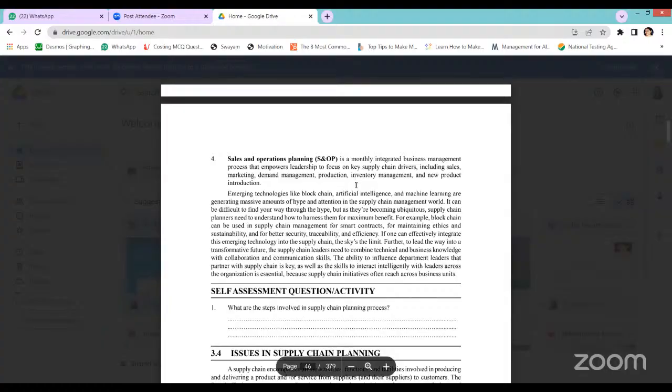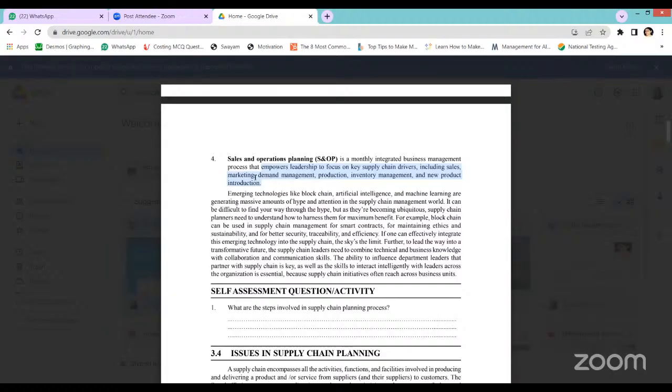The next one is sales and operational planning, which is monthly integrated business management. It empowers leadership to focus on key supply chain drivers, including sales, marketing, how to market, how to manage your inventory, and new product introduction.